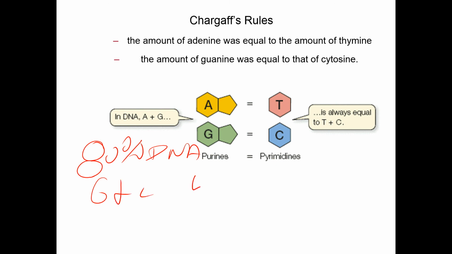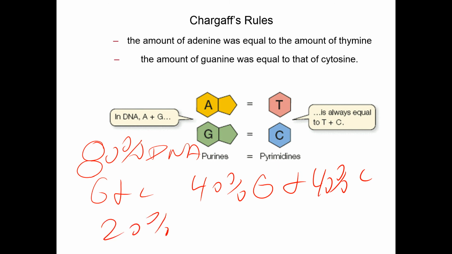That means that you have 40% guanine and 40% cytosine. So you're left with 20%. That means that 10% of it is adenine, and the other 10% is thymine.